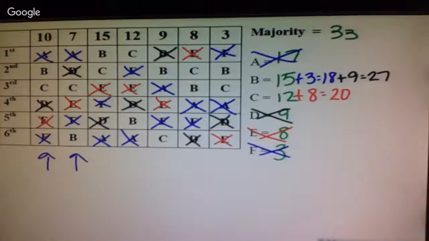B gets 10 and C gets 7. So plus 10 and plus 7, we're now at 27 and 37, which means B is your winner.